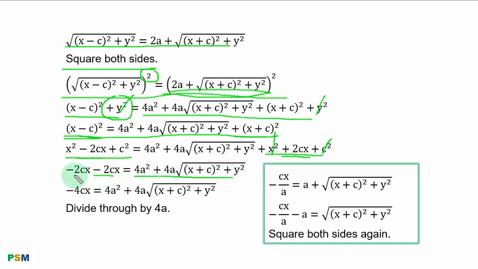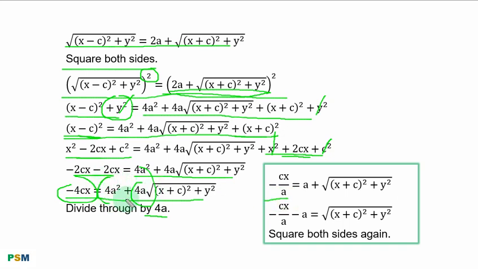If you add from here, you have it in this form. Divide through by 4a so that we have coefficient of 1 here. If you divide this term by 4a, you have minus cx over a.